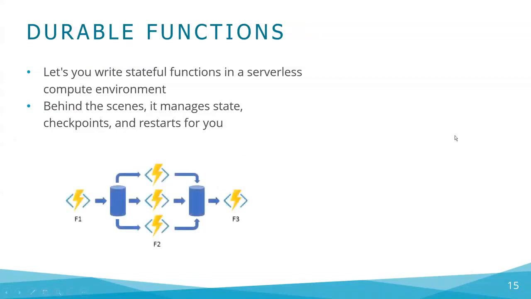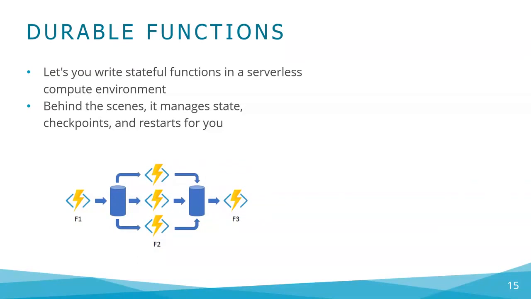A durable function is an extension of Azure functions that lets you write stateful functions in a serverless compute environment. It gets defined into two different parts. One is orchestrator functions, which define the stateful workflow, and the other is stateful entities, which are called activity functions.